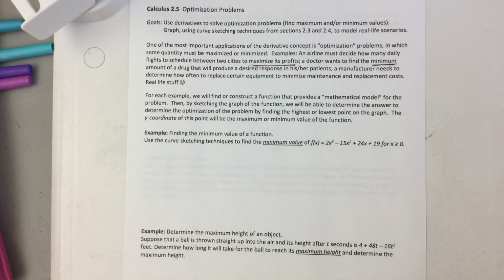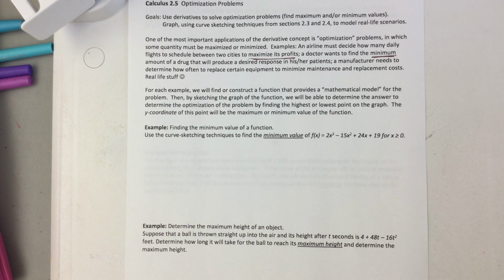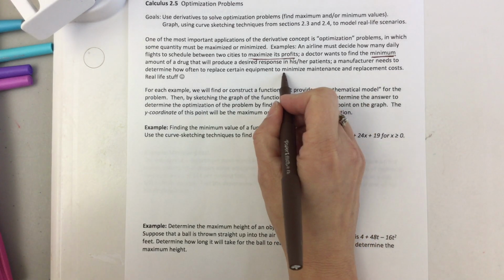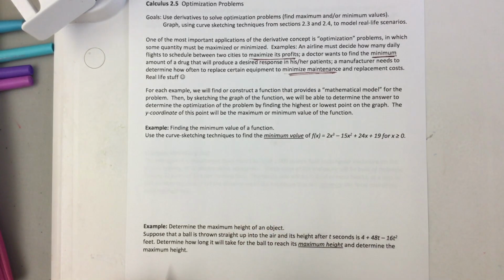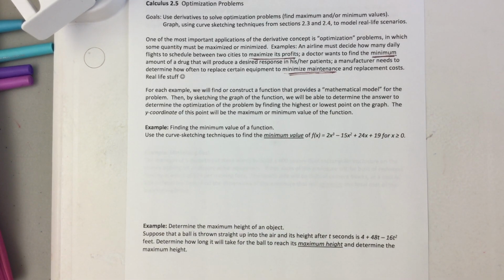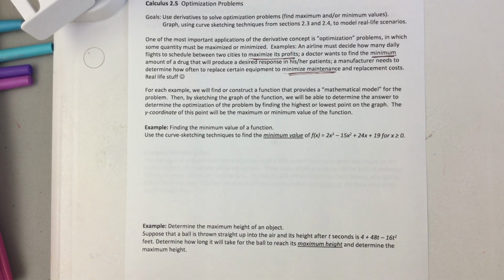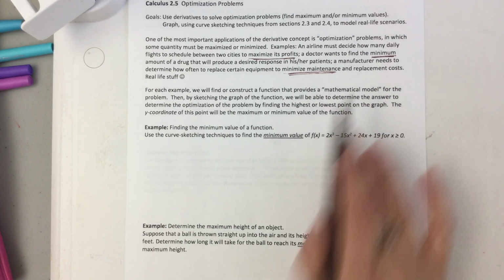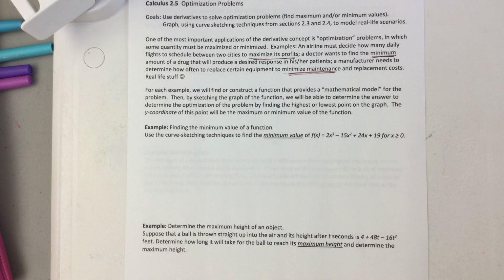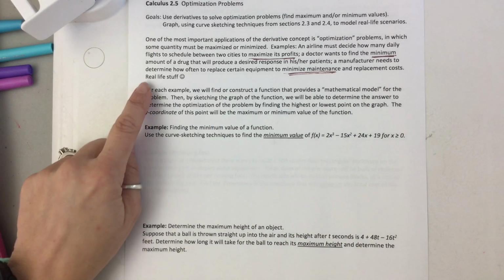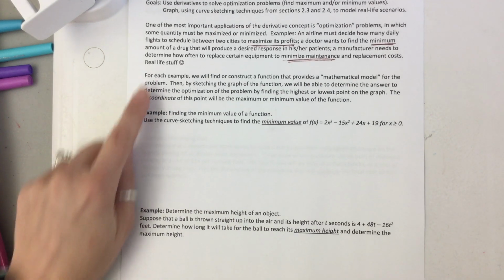You don't want to give somebody more of a medication than what's needed. A manufacturer needs to determine how often to replace certain equipment to minimize maintenance. Okay, you don't want to be hiring somebody to come fix stuff. So you need to figure out how can you minimize that maintenance and replacement costs by knowing when to replace your equipment. Okay, so this is real life stuff and it's so fun.